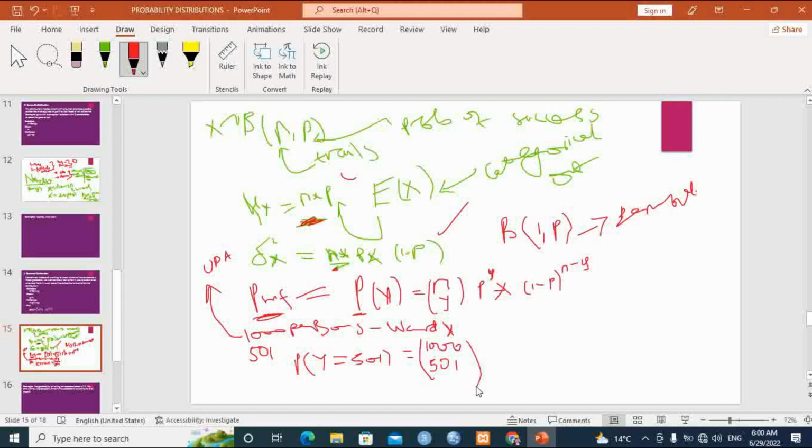Times the probability of success, 0.6, raised to power 501, times the probability of not success, which is 1 minus 0.6, giving 0.4, raised to power n minus y, which is 499.